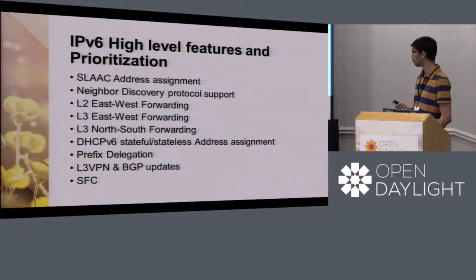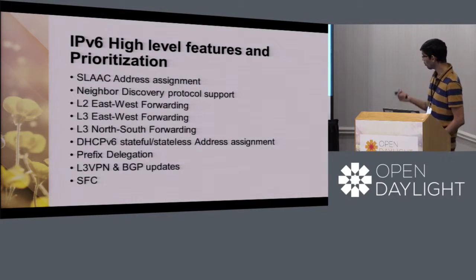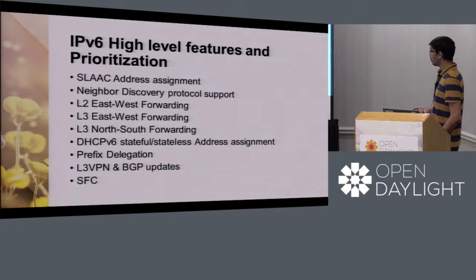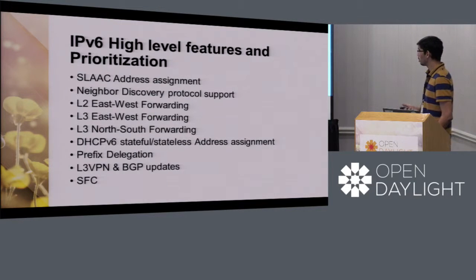The prefix delegation will provide the automatic configuration of prefixes from an external router. Similarly, L3 VPN and BGP updates is another feature that we wanted to support with IPv6, and last is service function chaining. These are what we could think of, and if you feel something else needs to be added, please let us know, we can take that.